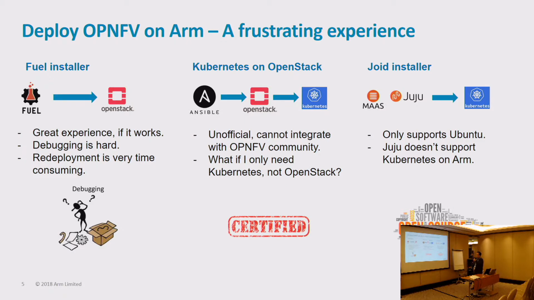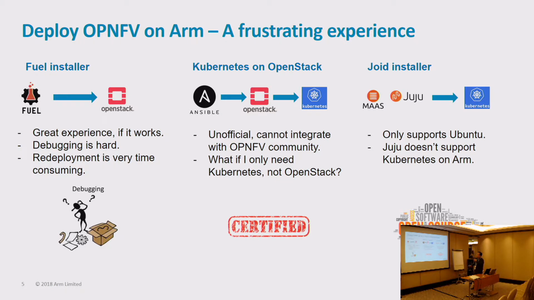If it fails, you have to debug it, and debugging Fuel is very hard, especially on ARM platforms, because Fuel was first developed on x86. On ARM there are many failures and you need to do a lot of hard debugging, which is very time-consuming. Also, if something bad happens, you have to tear down the whole architecture and redeploy it again.